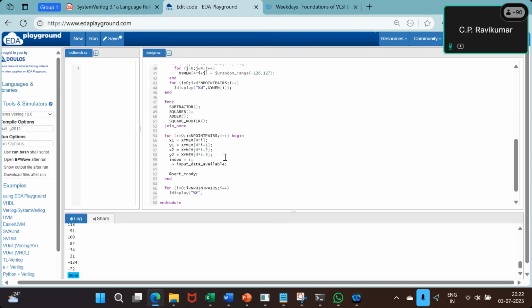We can also display the x and y of xy min of 4i, with percentage d.